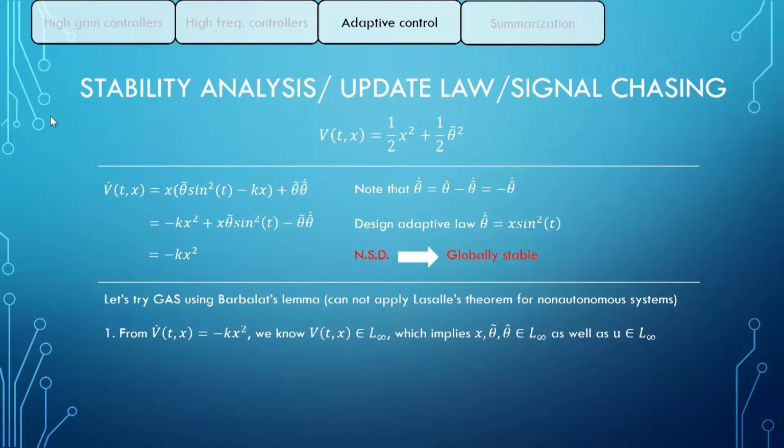Okay, so second, remember our objective is to prove x goes to 0 asymptotically.